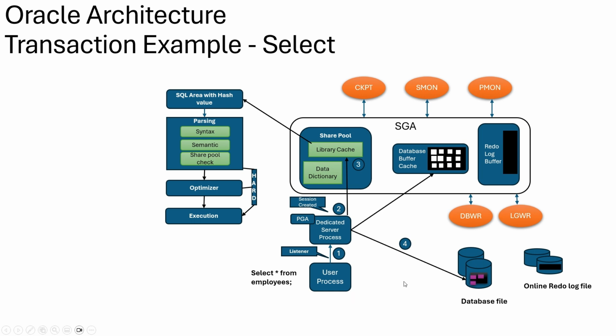That data will be fetched back to the database buffer cache and written in the blocks. Those blocks are 8 KB. The database buffer cache is divided only into blocks. So whatever information the database files have will be moved to the database buffer cache. Now let's see what will happen next.